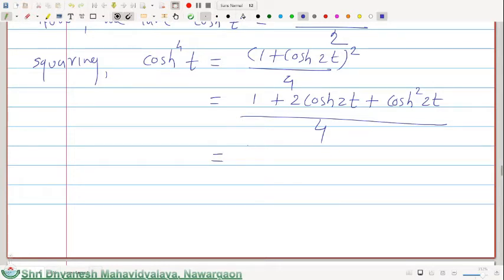Now keep 1 upon 4 aside and use the formula for cosh² t again, for cosh² 2t. This is 1 plus 2 cosh 2t plus cosh² 2t, which will be equal to 1 plus (1 plus cosh 4t) upon 2.